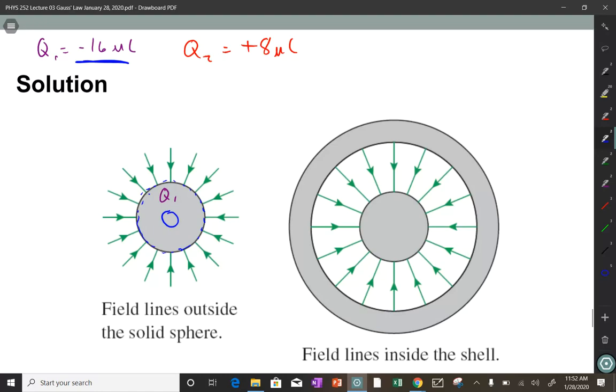And so if I go outside, if I make my Gaussian surface like this, the charge enclosed is my minus 16 microcoulombs, and the flux is going to follow all the things we've done.